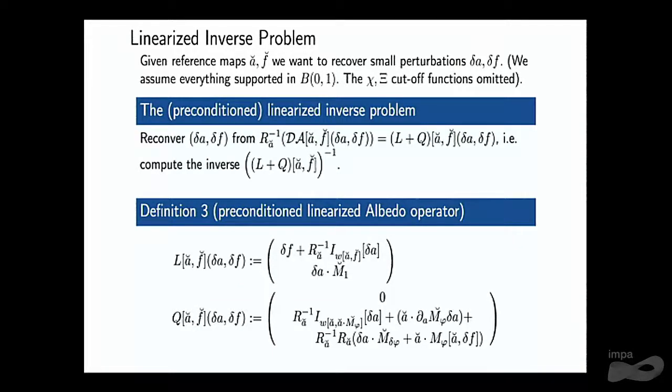The other part depends also on delta A and delta F. It's complicated, but in general the idea is that it is small if A is small.